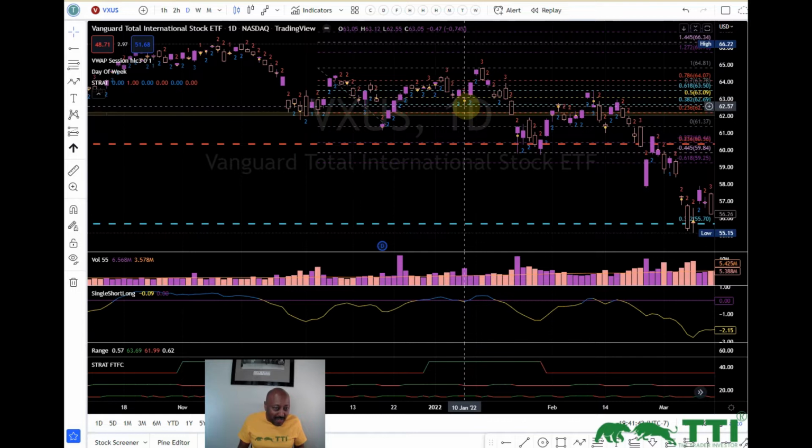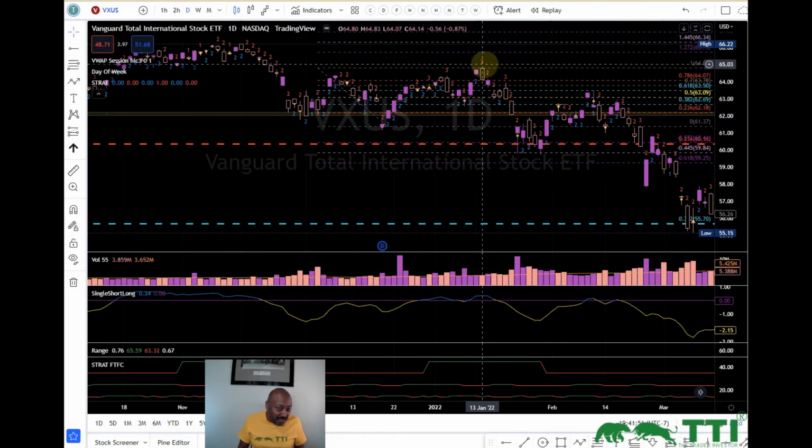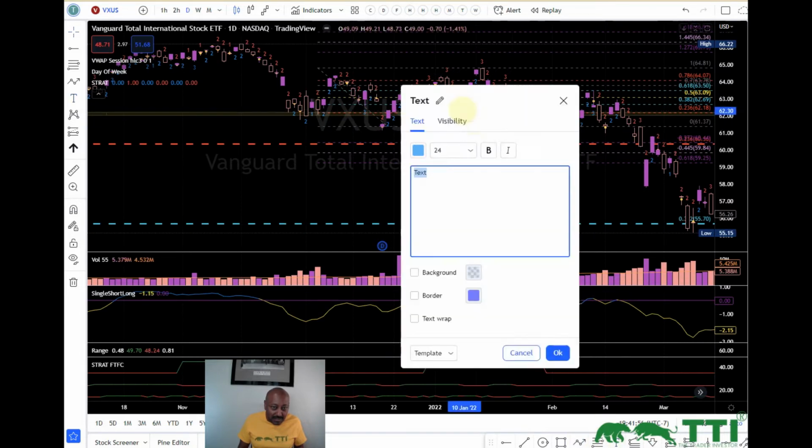It's this one. We have a higher low, right? So as soon as we have a higher low, this is our 1, this is our 2. So let's just mark it here. Here's our 1.